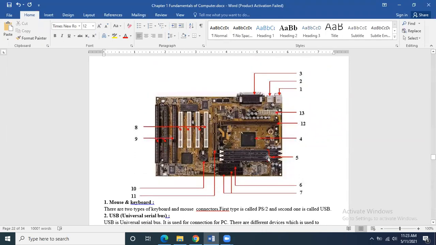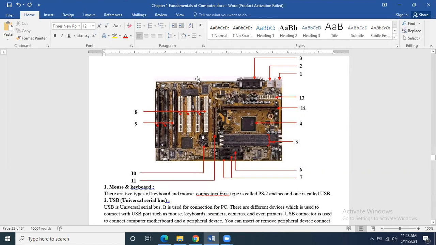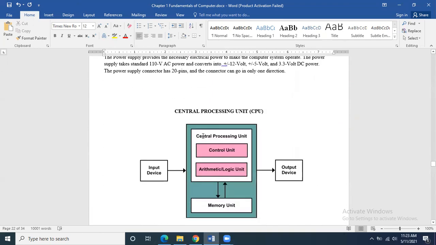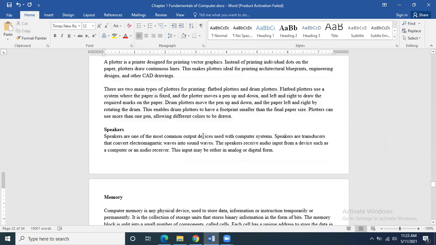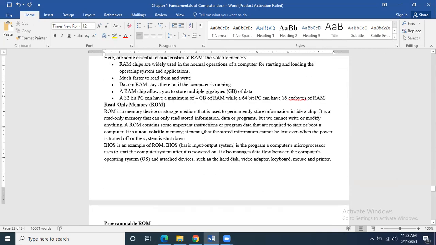Over here you can see these are basically the RAM slots. Similarly, there is a BIOS chip attached on the motherboard. The BIOS chip is basically the ROM chip on the motherboard. So both the primary storage devices are on the motherboard.